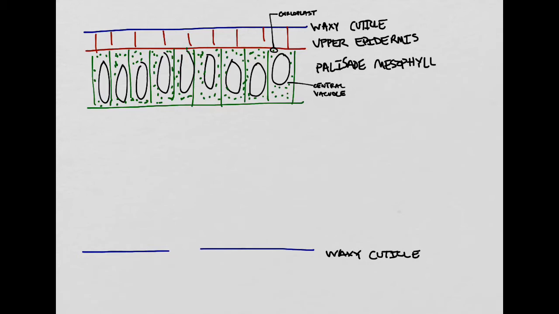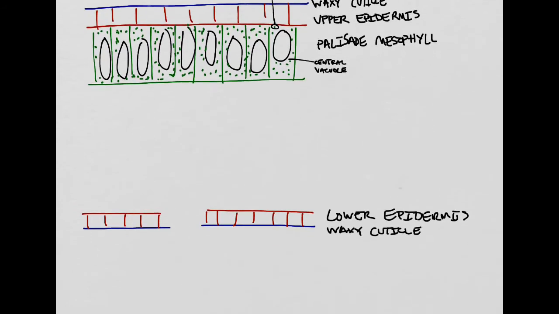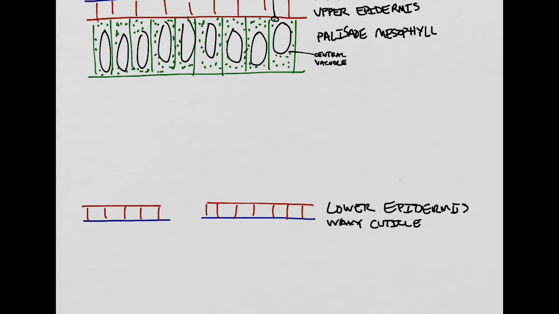Okay, and then right on top of our waxy cuticle layer, we have another epidermal layer. That top was called the upper epidermis, and this is called the lower epidermis. And again, the lower epidermis is secreting the waxy cuticle. And then in addition to this lower epidermis, we also have the presence of some specialized cells that surround this break in the waxy cuticle.